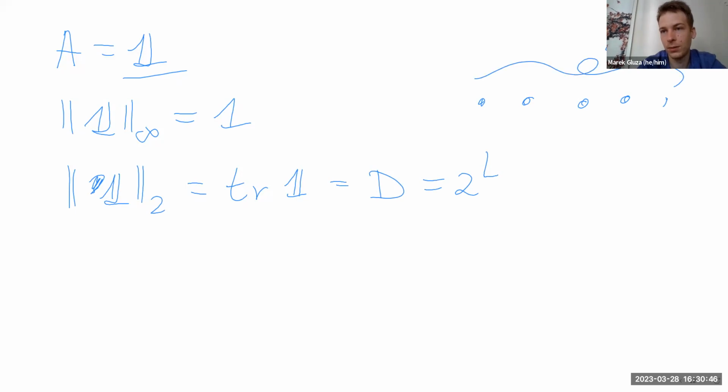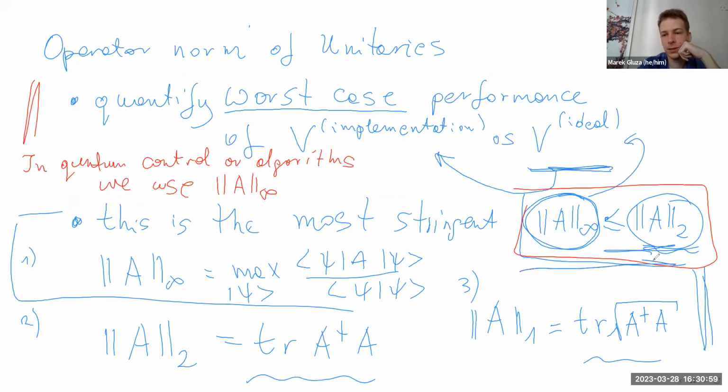L qubits. So just for the identity, it's already a humongous number. So basically there's a huge inflation. So this stringent property here is actually very useful.